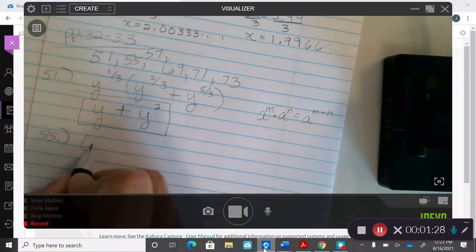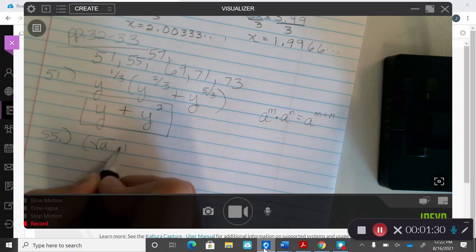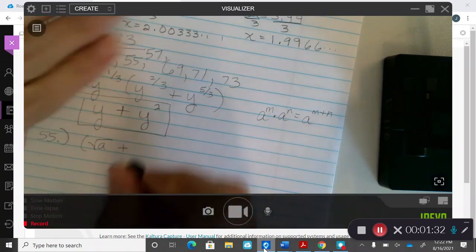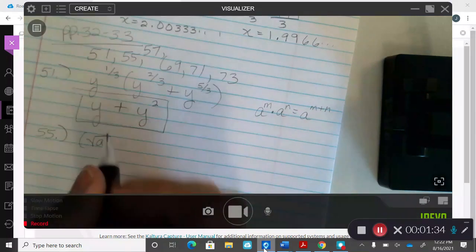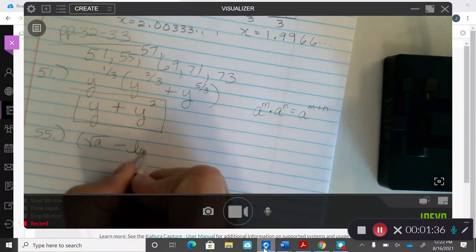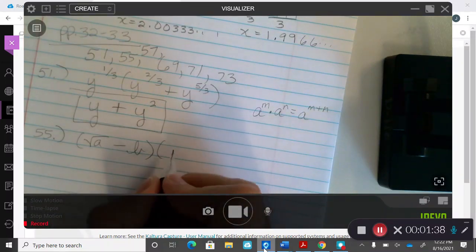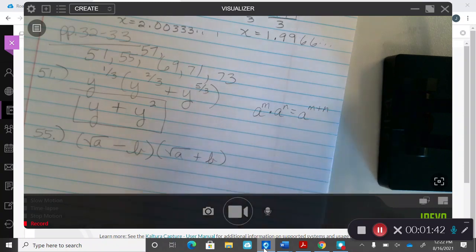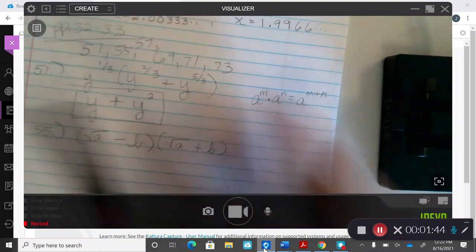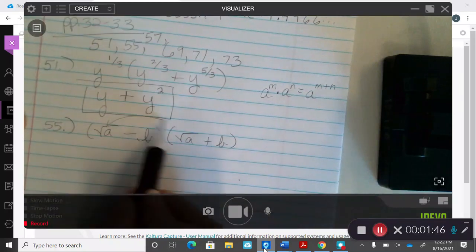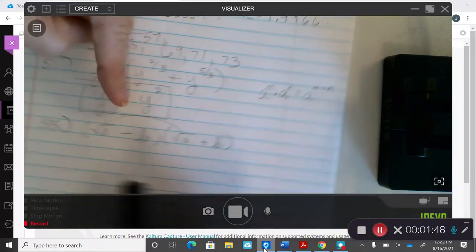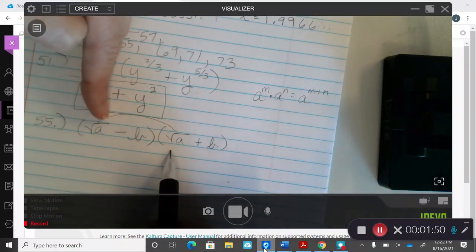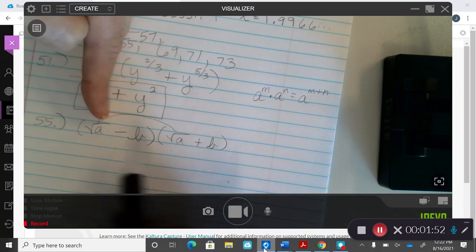All right, square root of a plus, minus regular b times square root of a plus b. Don't make fun of my cursive b's. All right, FOIL it out, right? What is the square root of a times the square root of a? Plain old a, right?